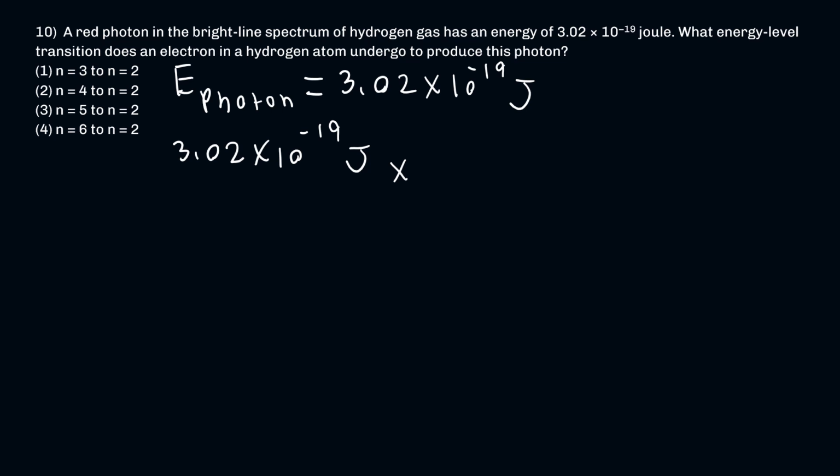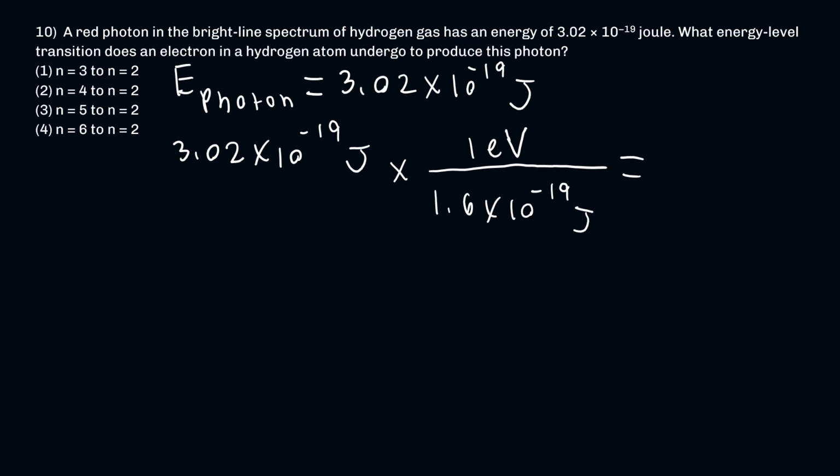I'm going to put joules on the bottom because I want to cancel it out. So 1.6 times 10 to the negative 19th joules is 1 electron volt. So again, this will give me my units then in electron volts when I make this conversion.